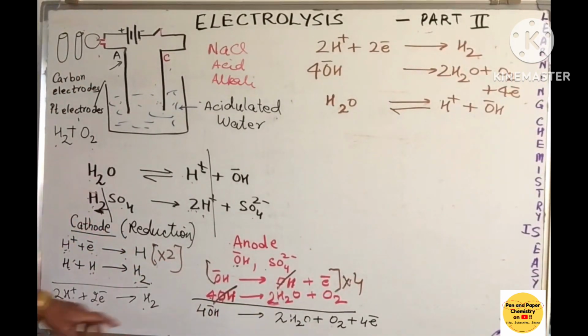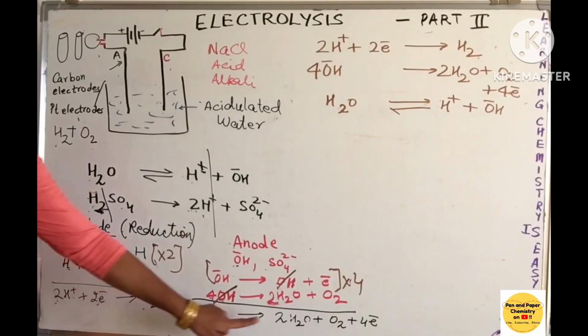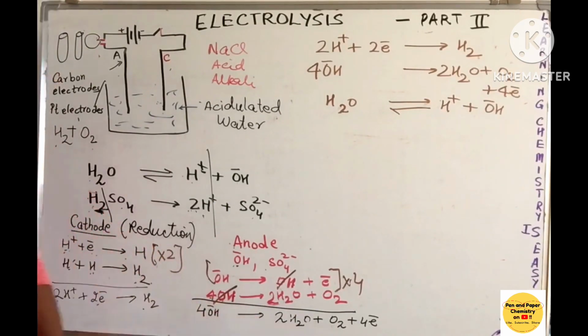So we are left with 4OH negative gives us 2H2O plus oxygen plus 4 electrons. Always remember, the number of electrons being generated should be equal to the number of electrons being used up, whether it is electrolysis or an electrochemical cell.